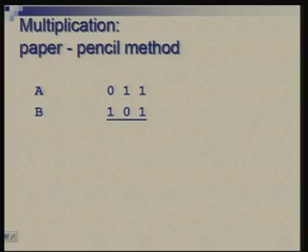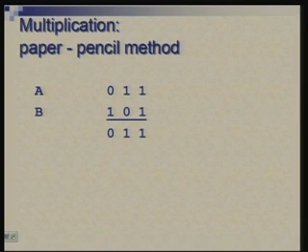So, suppose you have a 3-bit number A which has to be multiplied by another 3-bit number B. As usual we will multiply A by each bit of B with suitable weightage and simply add them.